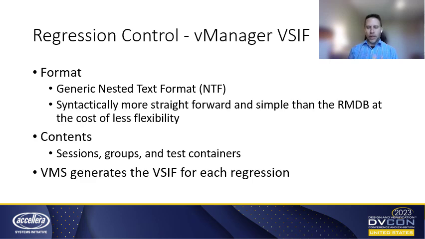So we take the user inputs in the VMS format, the standard kind of agnostic format, and we will generate that VSIF for the user. They never need to open it or look at it if they don't need to. Of course, they can if they want, and then launch vManager on their own. But this is also another powerful way of using the tool, and probably more along the lines of what it was intended if you are going to have some automation around it.